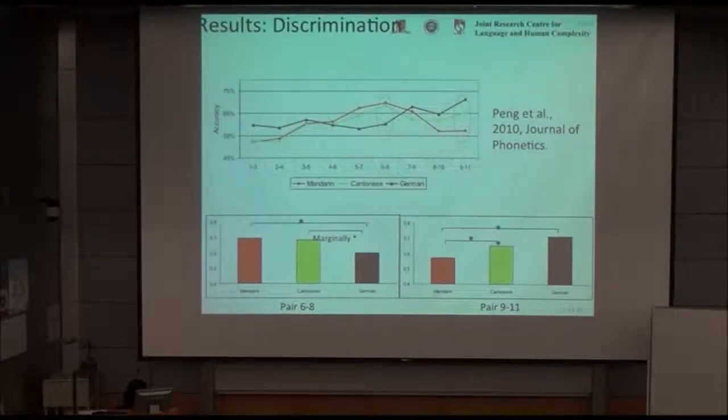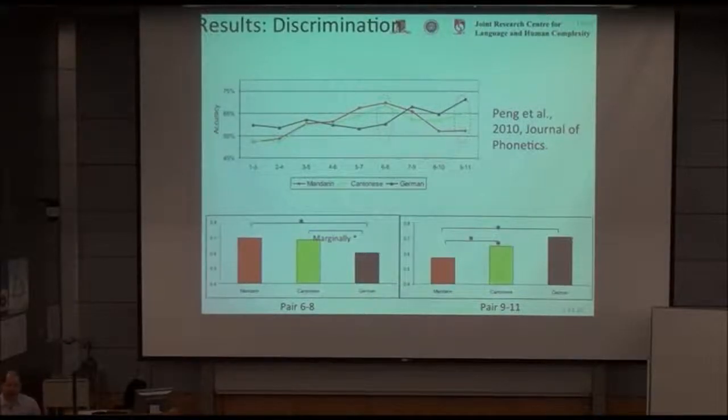And interestingly, we can see the Cantonese group, the green line, also achieved quite a high score at this point. What's the reason? We guess that may be due to the denser tone system of Cantonese.